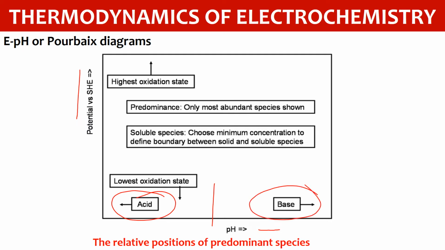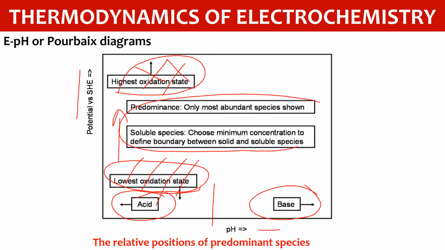In terms of your metal, you've got your metals with the lowest oxidation state in this region. As you go up here, the oxidation state of your metals increases. Then you've got some other soluble species shown in these different regions. So we'll try to explain what this diagram is basically trying to tell us.